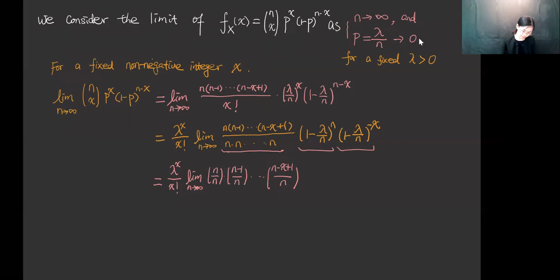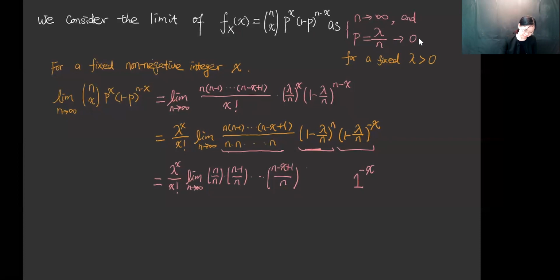And for this third term, we are taking n to infinity. The power doesn't depend on n, so the limit can be taken inside the parentheses. When n approaches infinity, lambda over n approaches 0, and 1 minus lambda over n approaches 1. So this part approaches 1 to the power minus x, so that should be 1 to the power minus x.